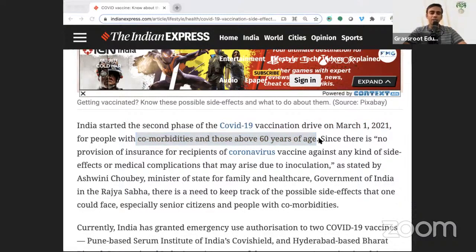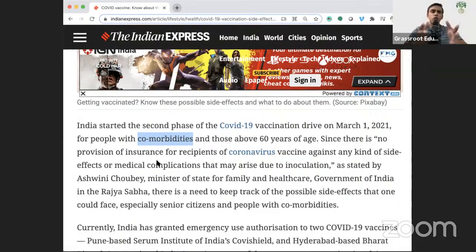So what do you mean by this term comorbidities? Tell me. India started the second phase of this drive on March 1st for people with comorbidities. Hi, Mazhar. Hi, Vikas. Good to have you. Think comorbidities. The moment we say comorbidities, it means people having two health conditions together.